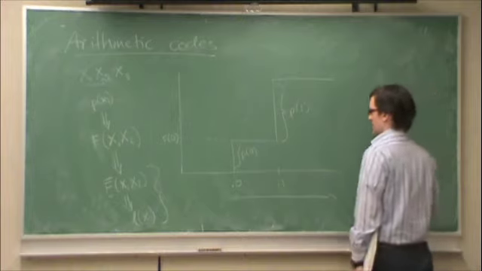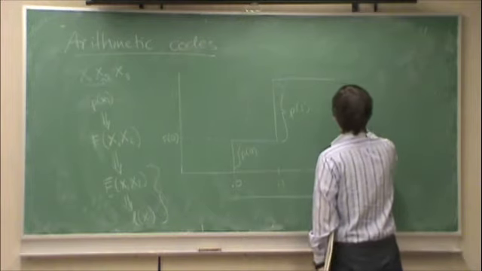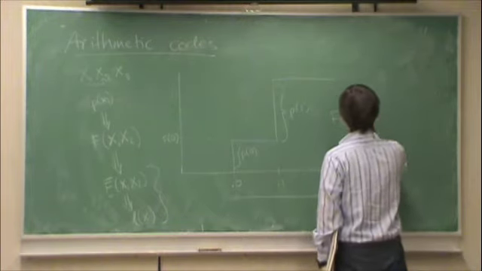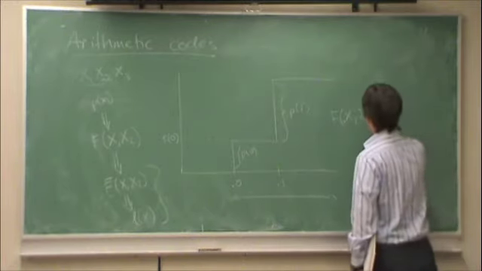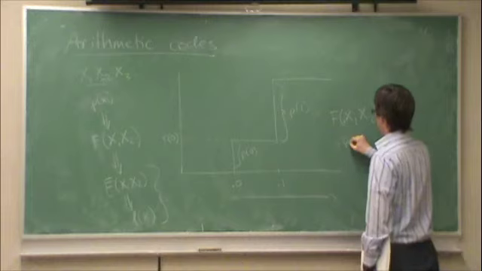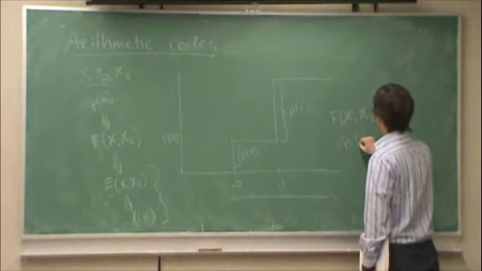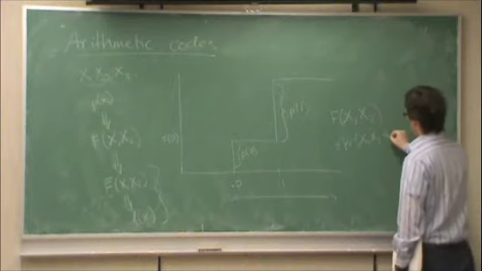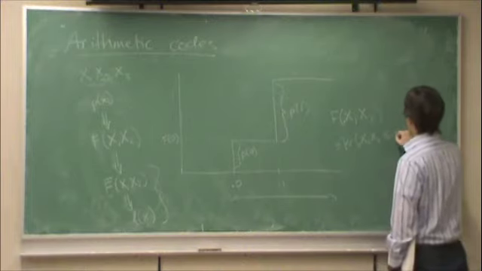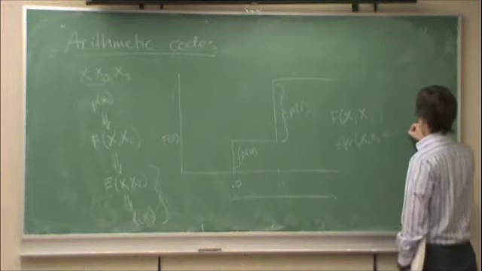Now, if I want to get f of x1, x2, remember the interpretation is that there's a decimal point right there. This is equal to the probability that 0.x1x2 is less than or equal to some specific decimal expansion x1, x2.